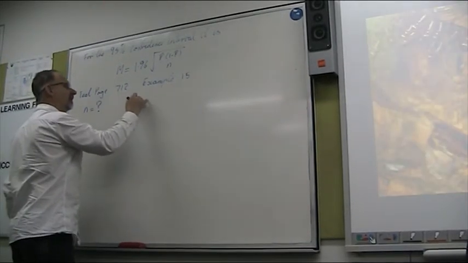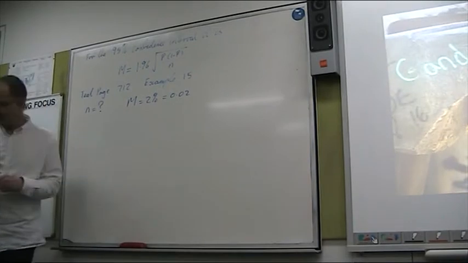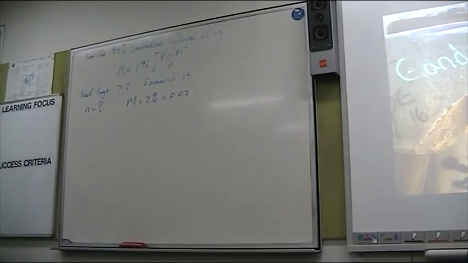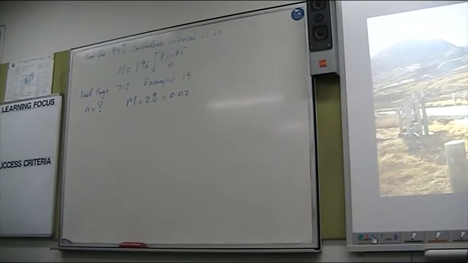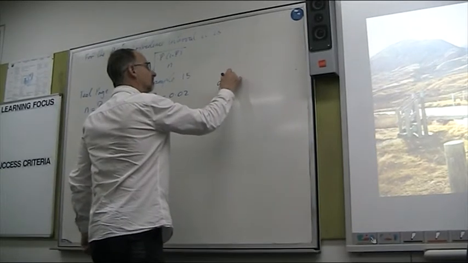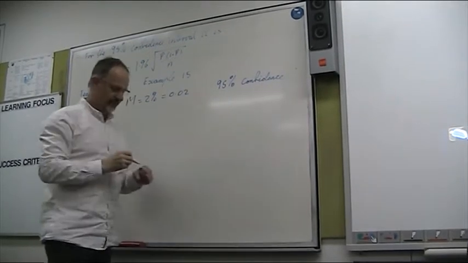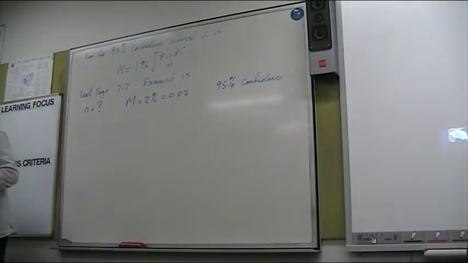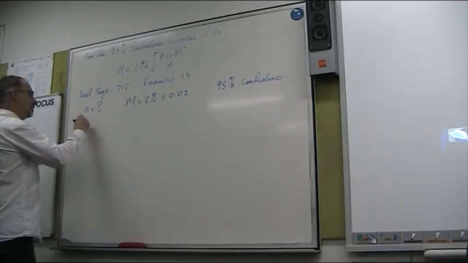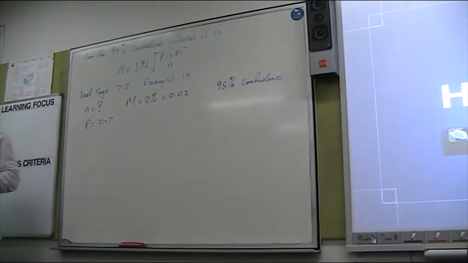So margin of error 2%, as a decimal that's 0.02, in an approximate 95% confidence interval. Of our primary school children in Australia who use social media, the sample proportion, p hat, has been found to be 0.7.